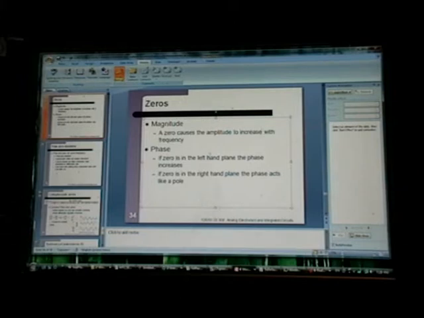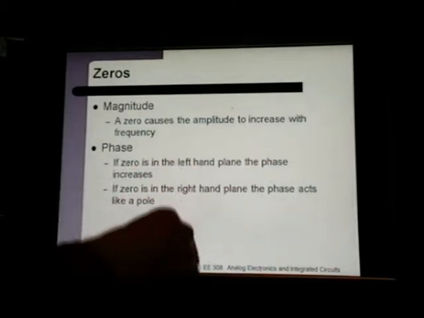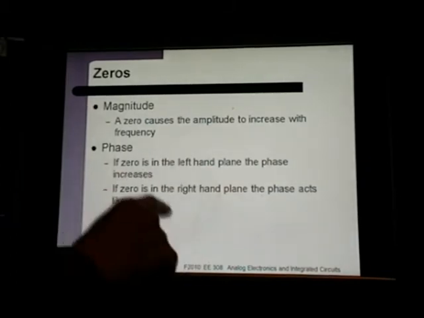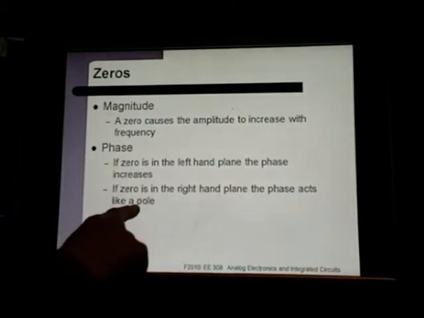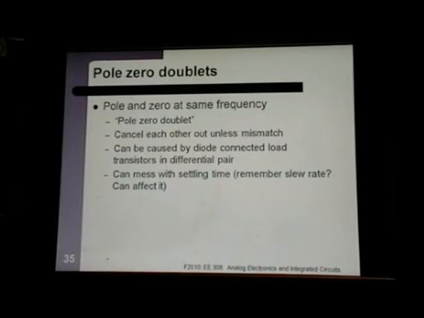Okay, so as a pole made the magnitude drop and the phase drop, a zero causes the amplitude to increase. And the phase, it increases if it's a left-hand plane zero, but we had a right-hand plane zero, so it actually decreases your phase, which you'll see is a bad thing.